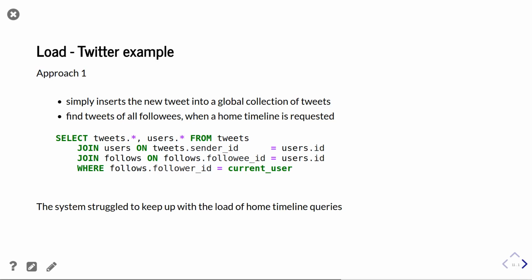That's a lot of timeline read queries. When Twitter used approach 1, the system struggled to keep up with the load of home timeline queries because the user base was increasing, and so the timeline read requests were also increasing.